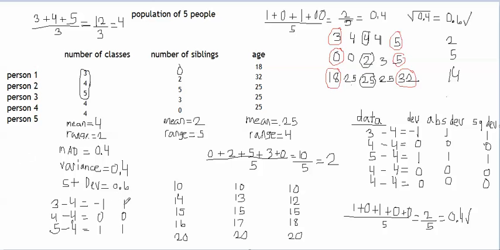Now, what if we want the variance of the sample? These are our squared deviations. What we actually do is we calculate an adjusted average. Instead of dividing by the number of numbers, we divide by 1 less than the number of numbers when the data comes from a sample. So we add up these 3 numbers and divide the total by 2 instead of 3, because 3 minus 1 is 2.